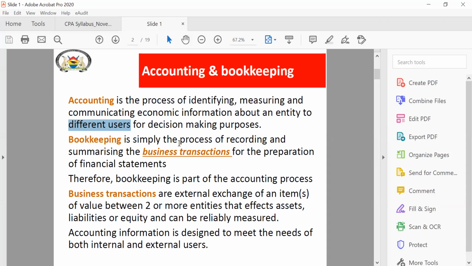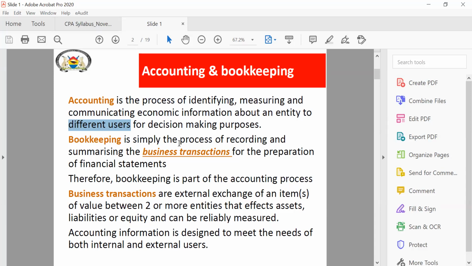It also includes the investors, the shareholders. It includes the banks that lend to companies. It also includes government who do the regulatory role and so on.